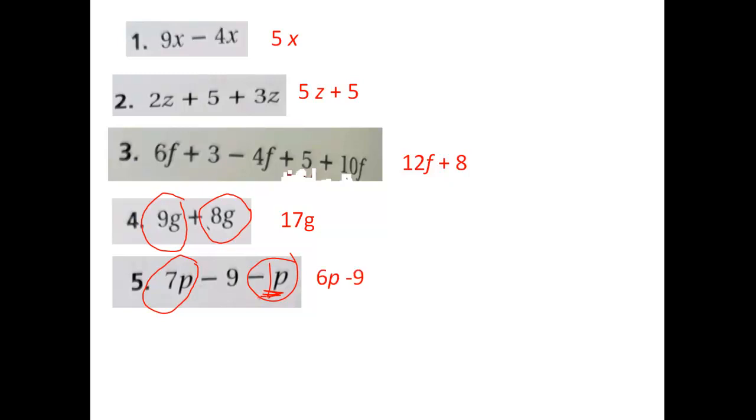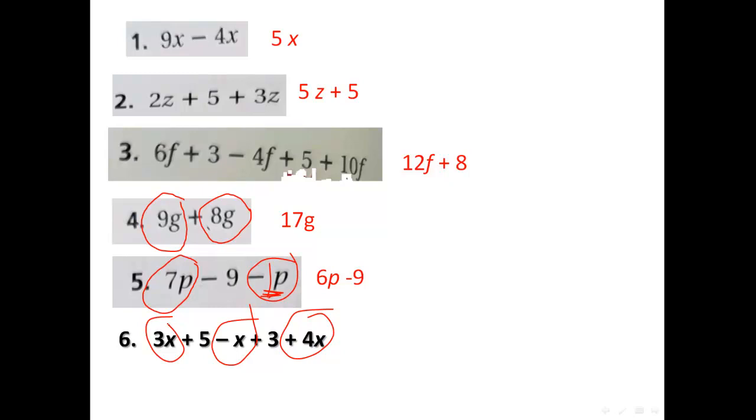Let's see our next question. Question 6. 3x plus 5 minus x plus 3 plus 4x. First, we will take the like terms together. We have 4x, negative x, and 3x.